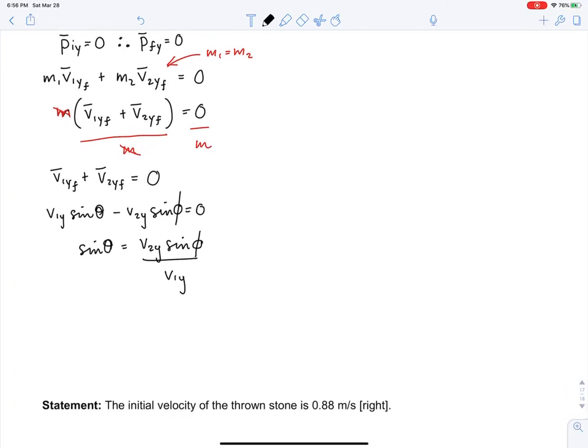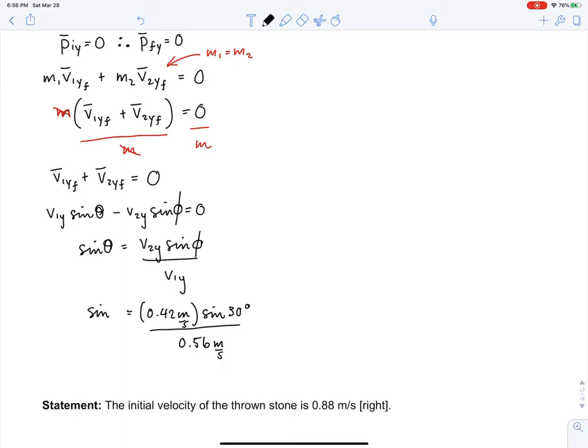We have all of these values. We know that v2 is 0.42 meters per second, and phi is 30 degrees, dividing this by the speed of mass number 1, which we know is 0.56 meters per second.